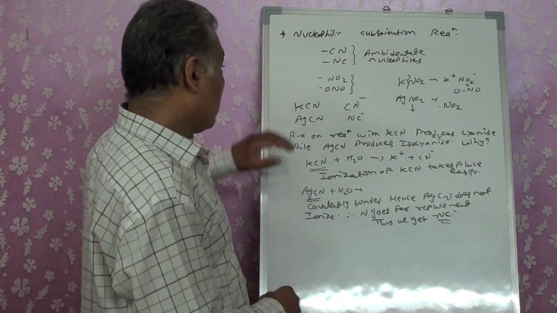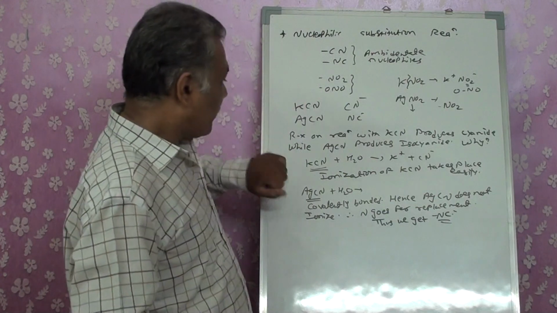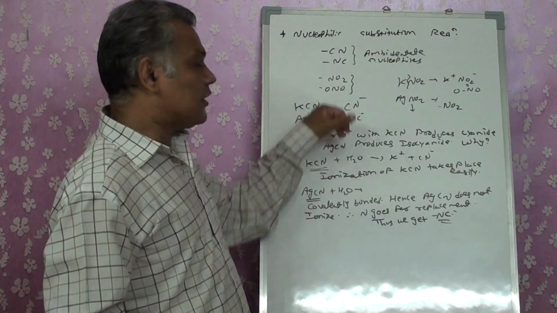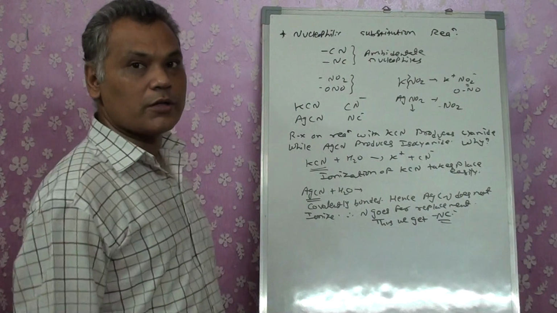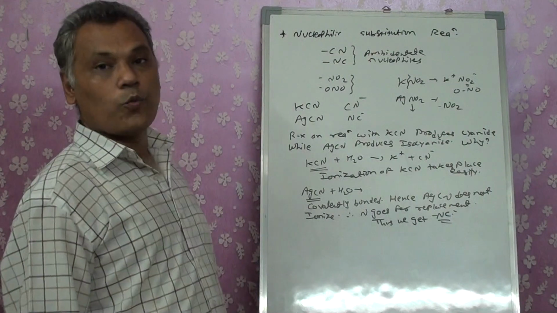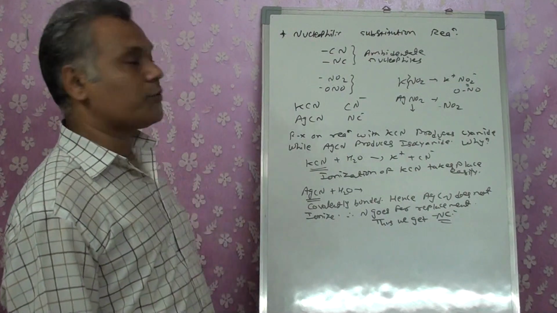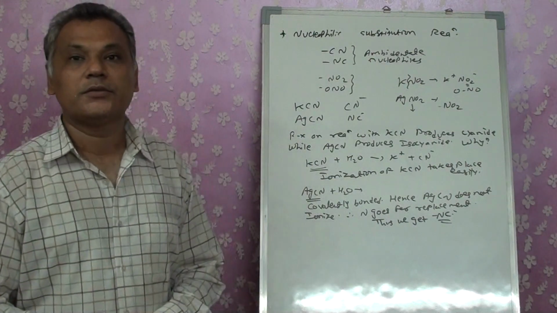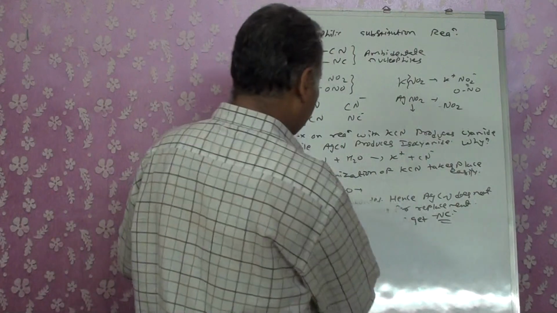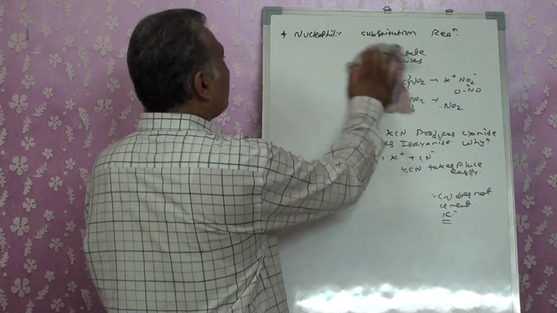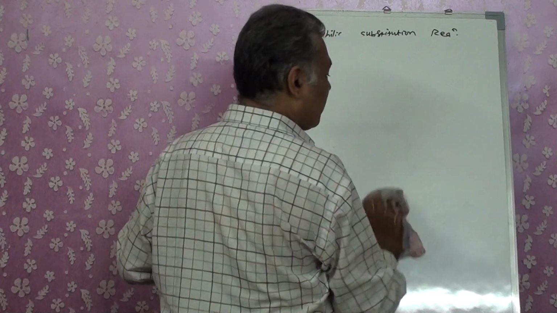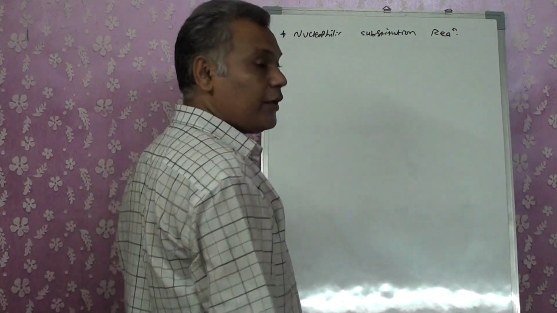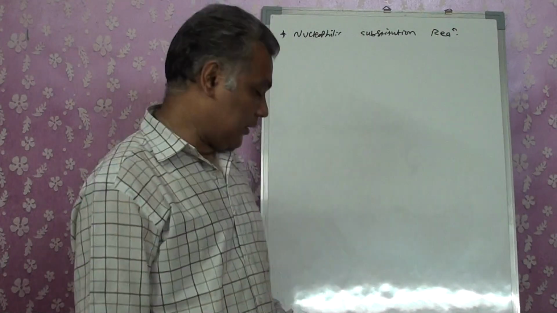Second, depending upon the R group. Now this one we saw as the reagent that changes the product. But how does the R group present in the compound change the nucleophilic substitution reaction? That also we will have to study. Depending upon the nature of the R group, whether it is primary, secondary or tertiary, it changes the reaction mechanism.